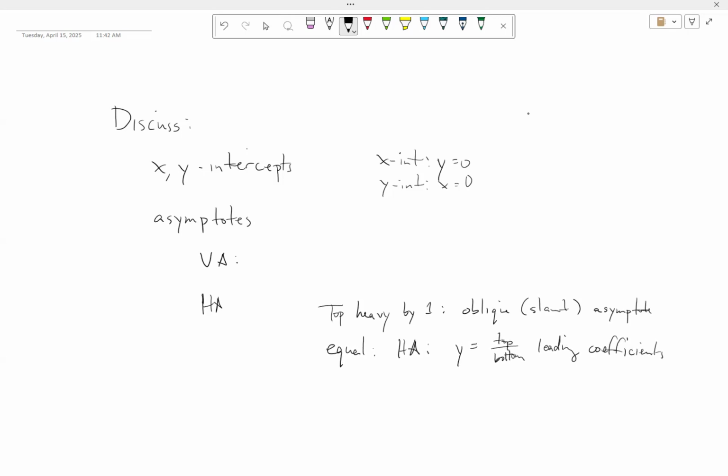And the last one, of course, is if it is not top heavy, not equal, but bottom heavy. Maybe this is the simplest one. In this case, it has horizontal asymptote y equals 0.